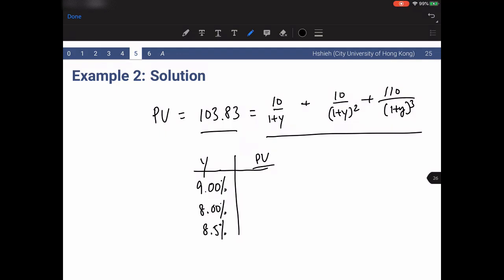And I get a present value of 102.53, 105.13, and 103.83. So 8.5% will give me a price of $103.83.